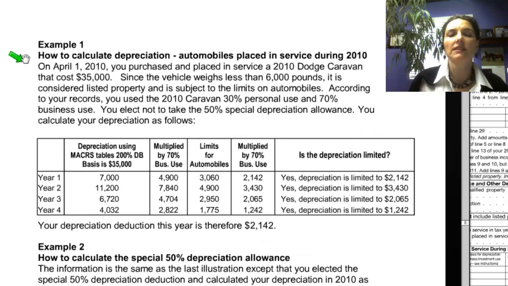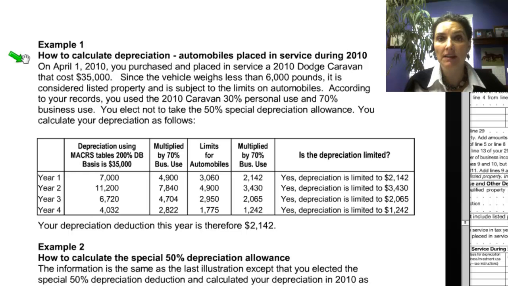So what those limits on passenger automobiles mean is that if you calculate depreciation deduction on an automobile and that deduction is more than the limit allowed, then your deduction is limited to the limit, and that limit is really low. So it's pretty difficult to place a car in service and not have depreciation limits on passenger automobiles affecting the deduction you're allowed to claim.